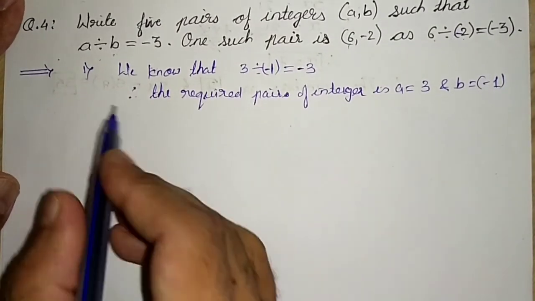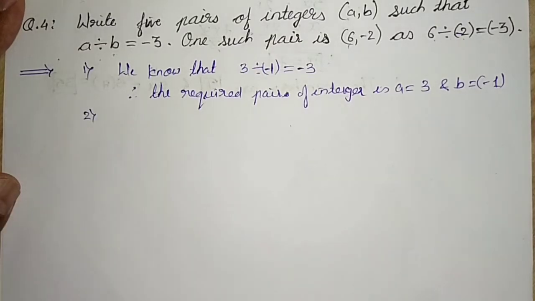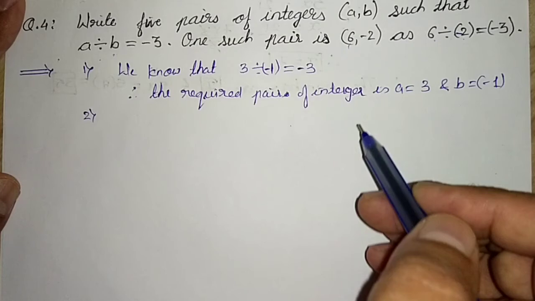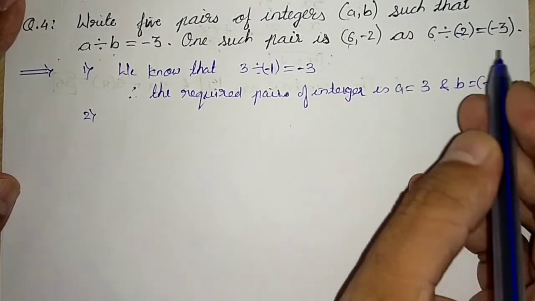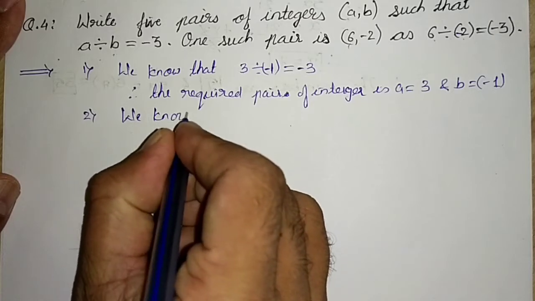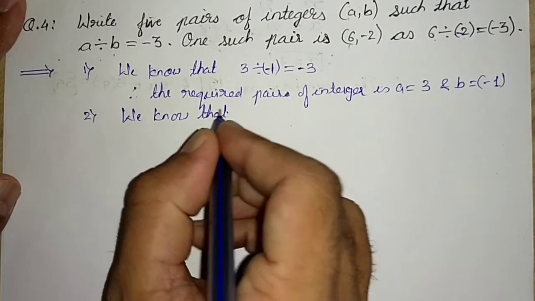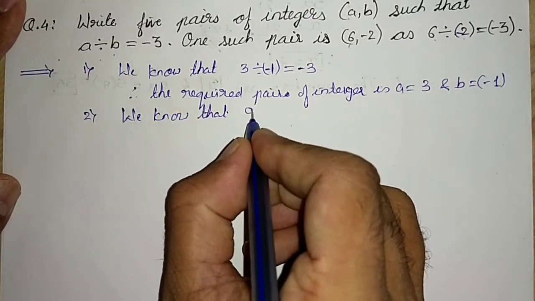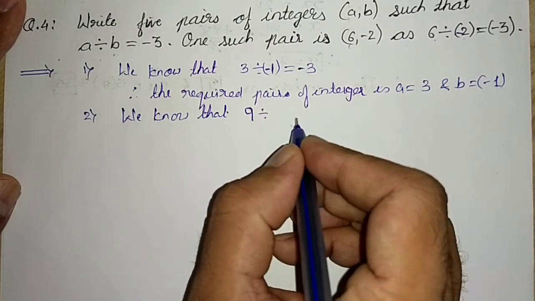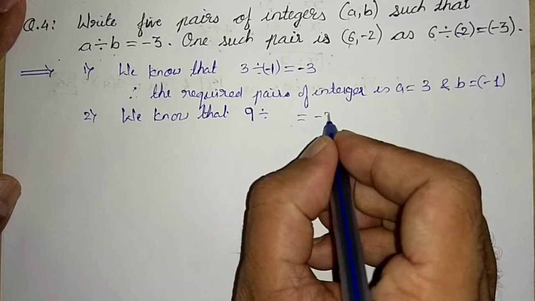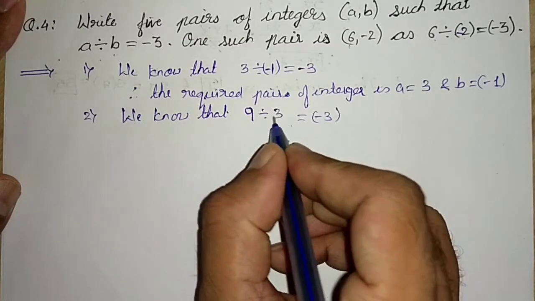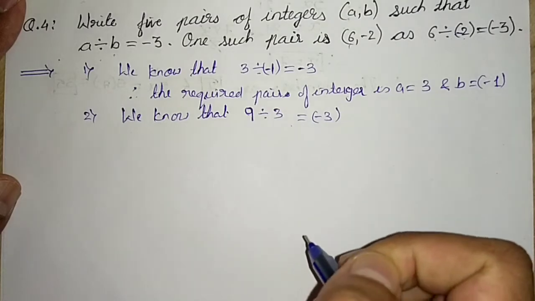Now let us move to 3's table only, but 3 2's are 6, and they have already taken that. So I will take 3 3's are 9. Whatever the answer, 3 3's are 9, I will put 9 over here and divide it by a number such that I get minus 3. 9 divided by 3 will definitely be 3.